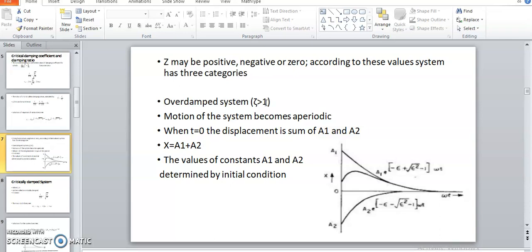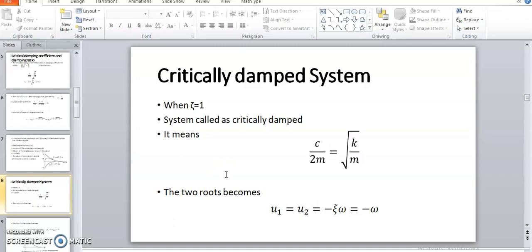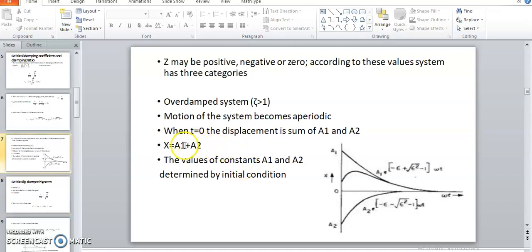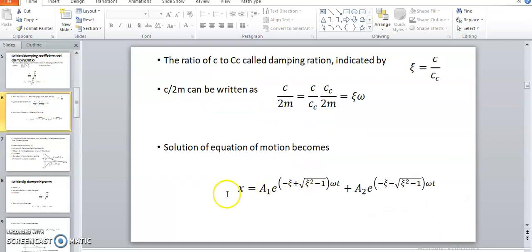Now we can write x is equal to a1 plus a2, where the a1 and a2 values are derived from the boundary conditions. We put x is equal to a1 e raised to u1t plus a2 e raised to u2t, the equation we already derived, which is valid for the over-damped case. When you put t is equal to 0 here, this becomes x is equal to a1 plus a2.